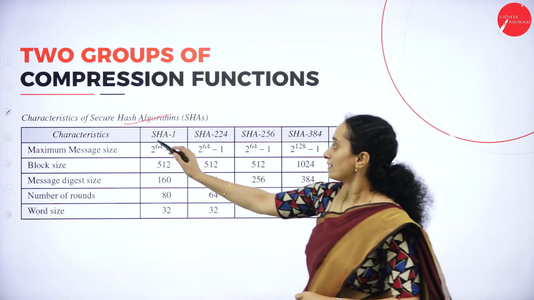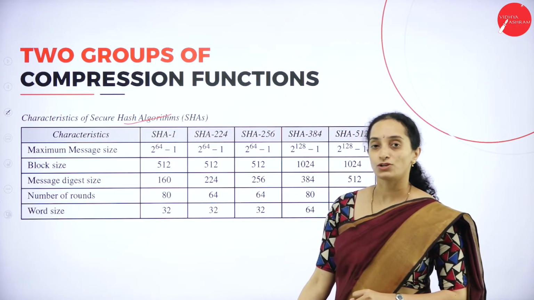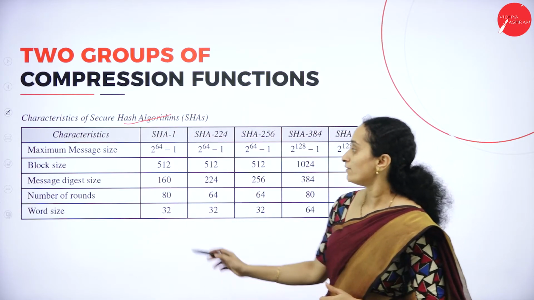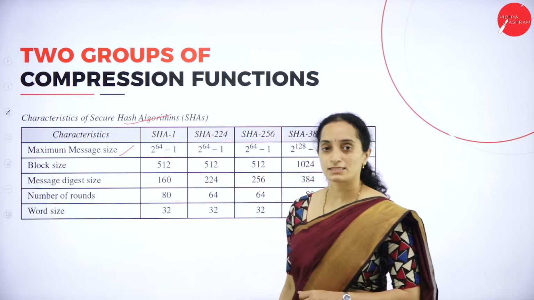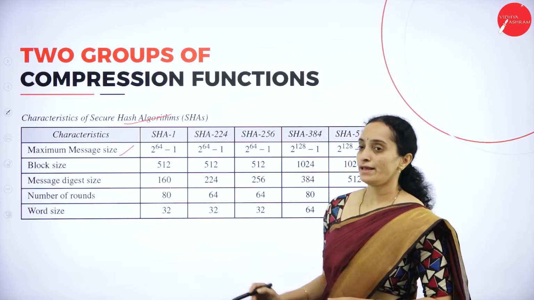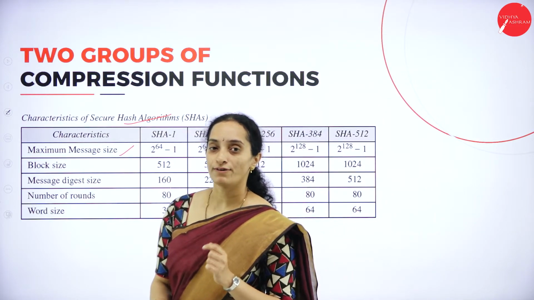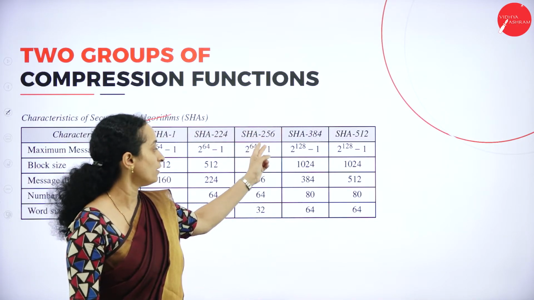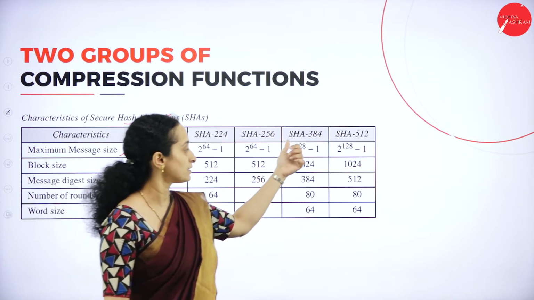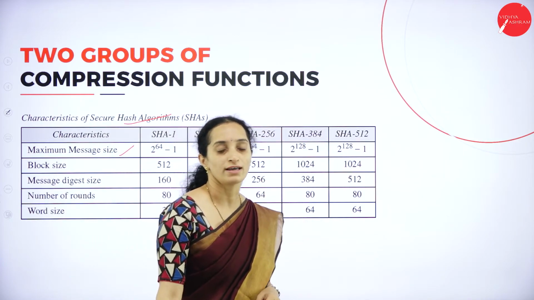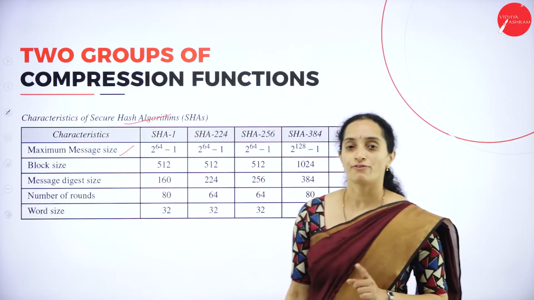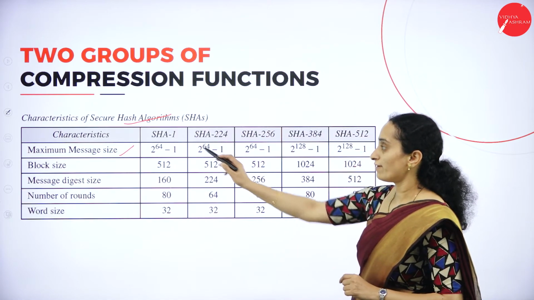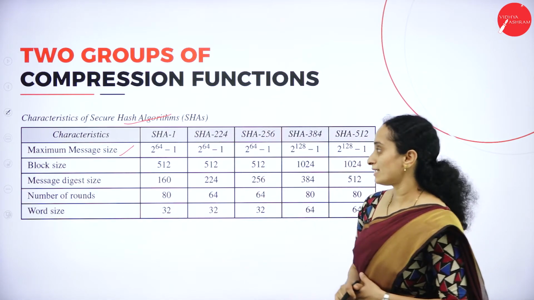SHA stands for secure hash algorithms. We use the maximum message size to compare different variants of SHA, that is SHA1, SHA224, SHA256, SHA384 and SHA512. So we have various versions of the SHA.